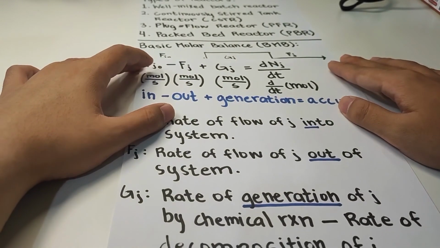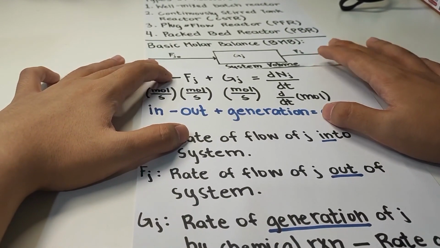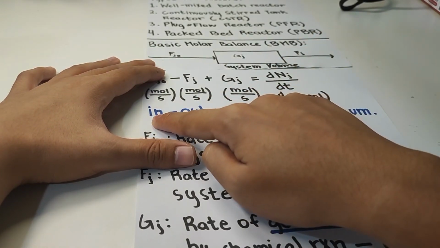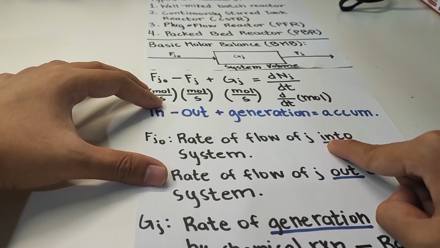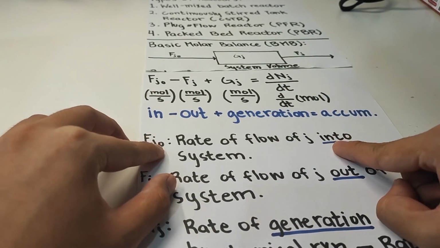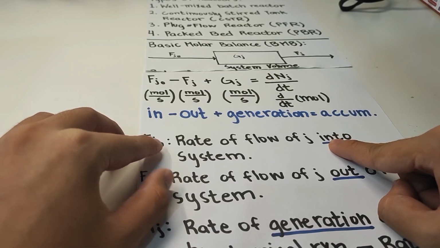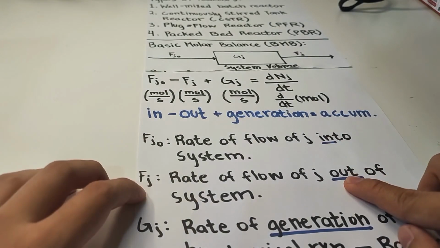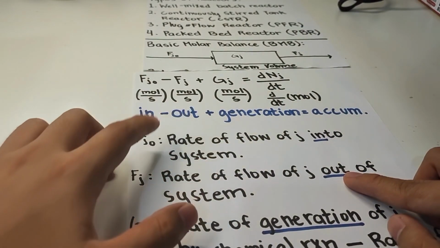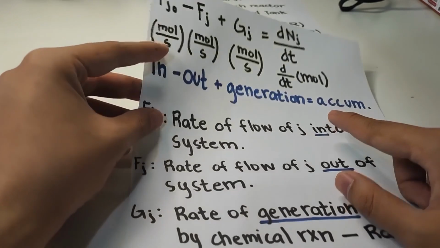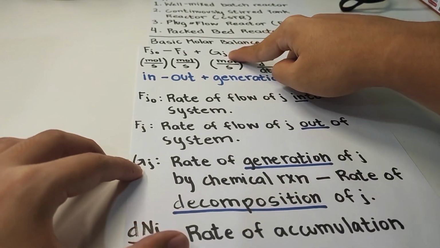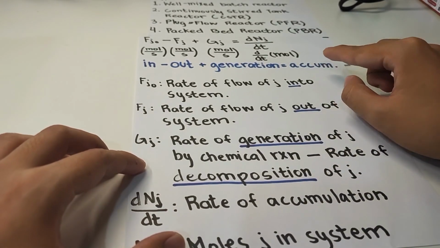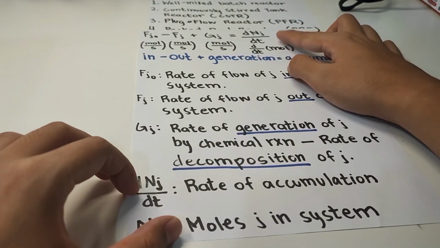For the basic molar balance, you should always start with in minus out. In is the rate of flow of J into the system, minus out, which is Fj, plus the generation, which is Gj, equals the accumulation, which is dNj over dt.